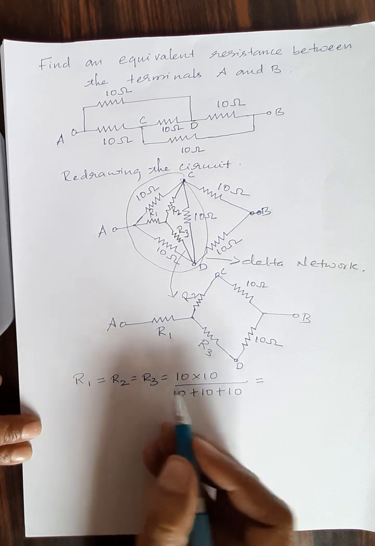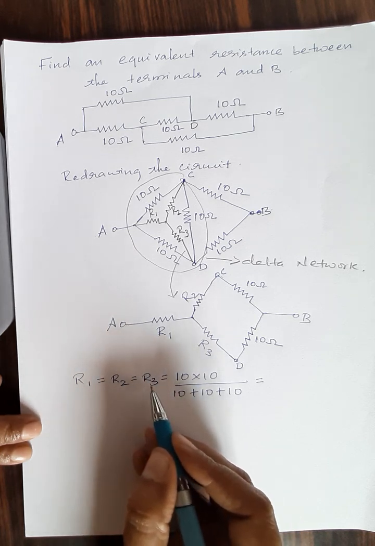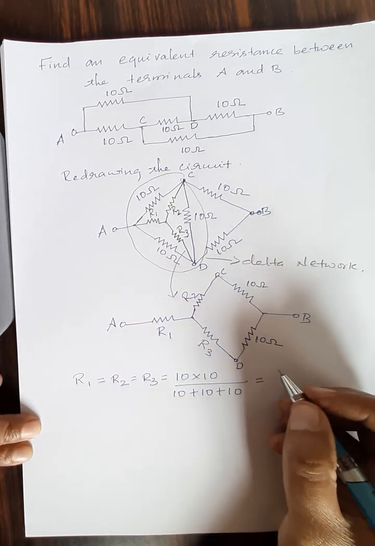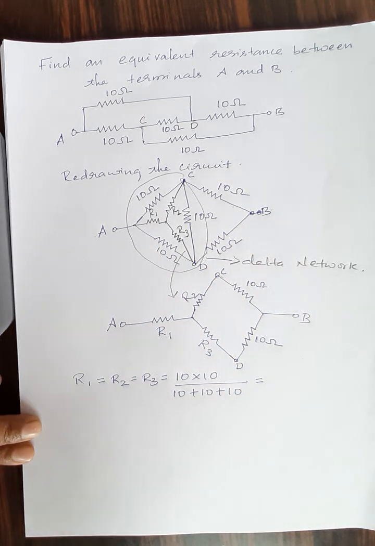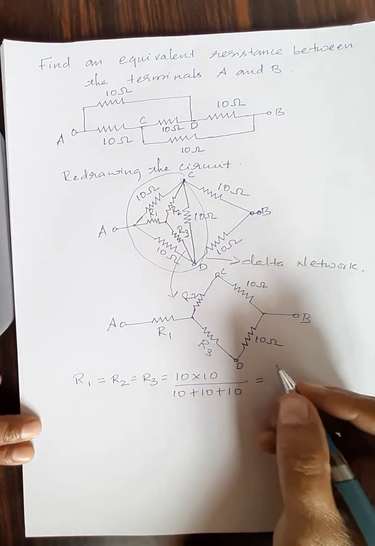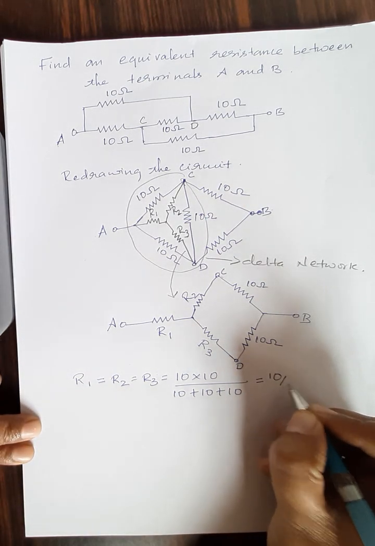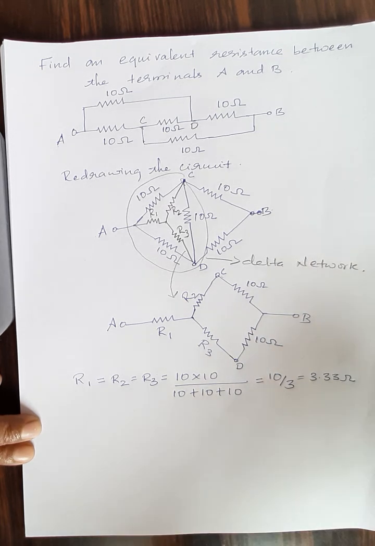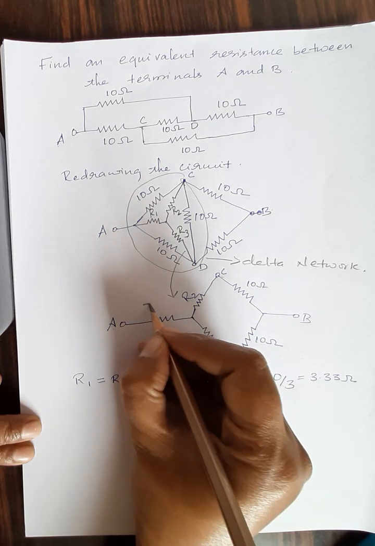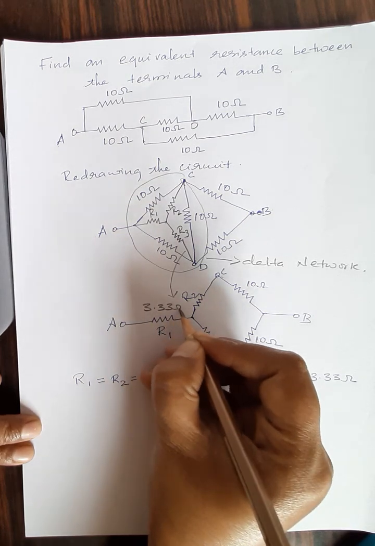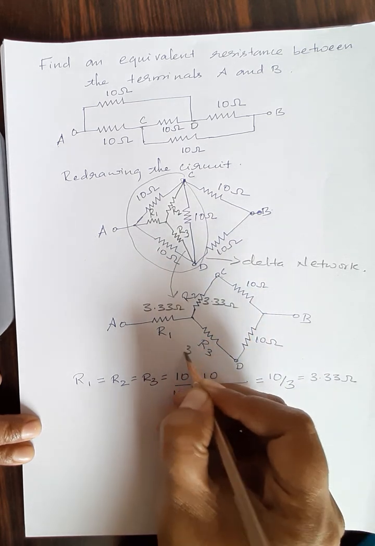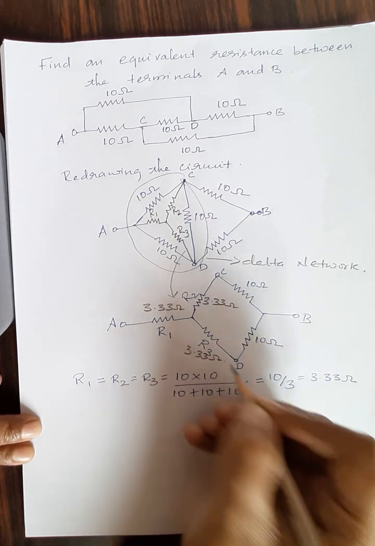You will get 10 divided by 3, or 3.33 ohms. Now replace R1, R2 and R3 each by 3.33 ohms.